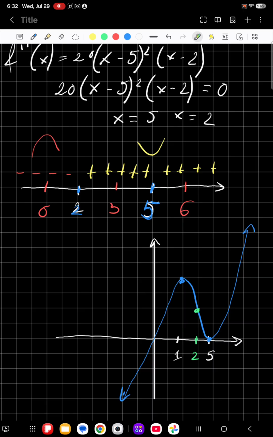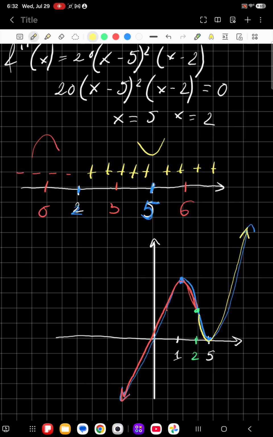So we have concavity down from negative infinity all the way to 2. Concavity down was red, so let's make that graph red. Then concavity up, that was from 2 all the way to positive infinity.